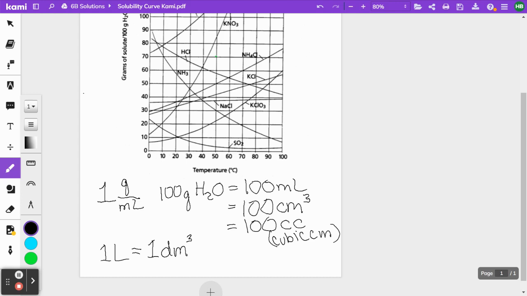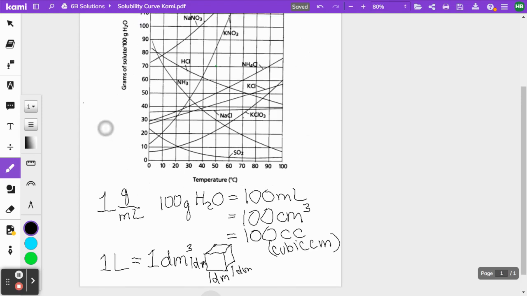So if I had a cube that was measured 1 decimeter on each side, the volume of that cube would be 1 liter. So I can take measurements of length and change them into volumes, which is super easy in the metric system, super difficult any other way.